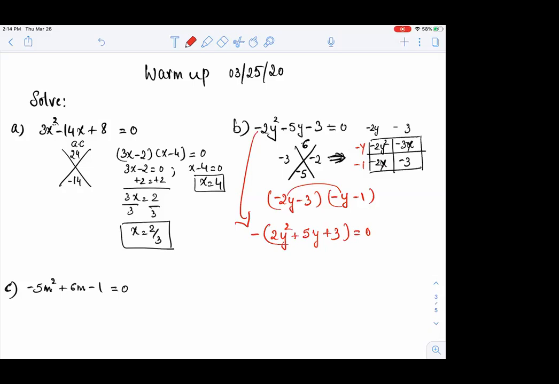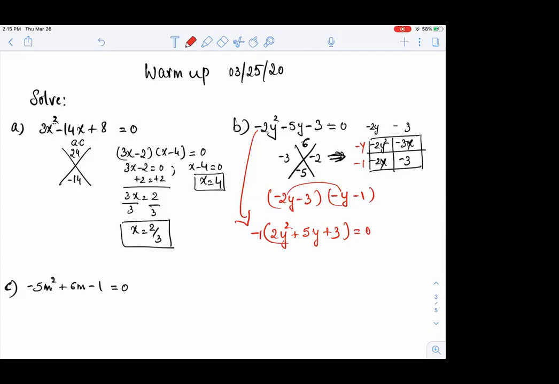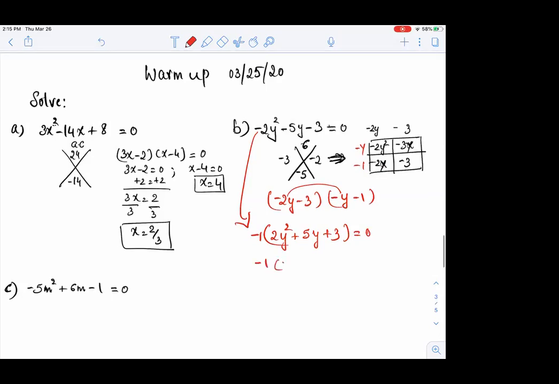We don't put the 1 there, it's just the negative. 2y squared plus 5y plus 3. And then when you do the same thing again, you're going to get 2y plus 3 and y plus 1 is equal to 0. You're going to get the same answer though.